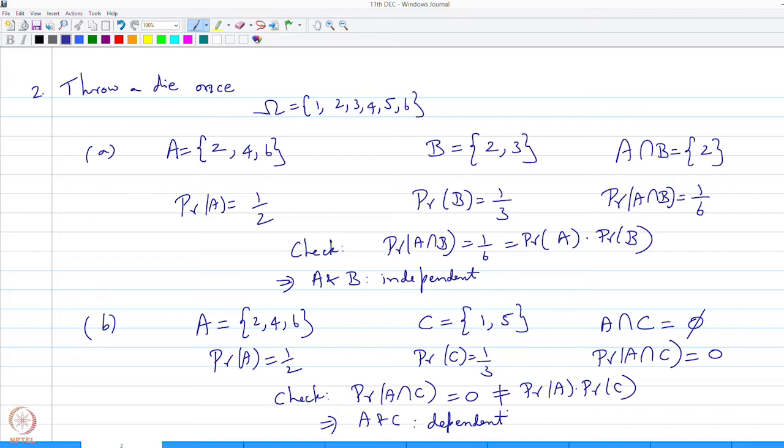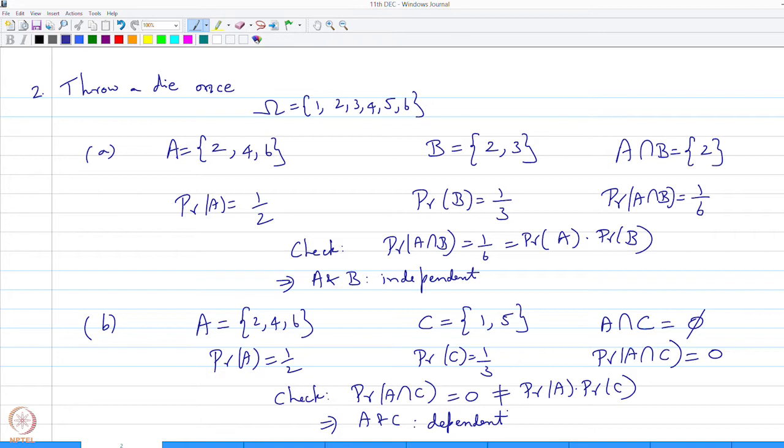Now, if you think about it, it makes a lot of sense. Okay. So, let us look at part B for instance. The event A is 2, 4, 6, okay, and the event C is 1 comma 5. Now, suppose I told you the event A happened, then you know for sure that the event C did not happen. Okay.